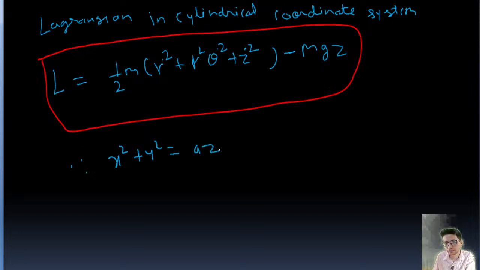In cylindrical coordinate system, we know x equal to r cos phi, y equal to r sin phi, and z equal to z.